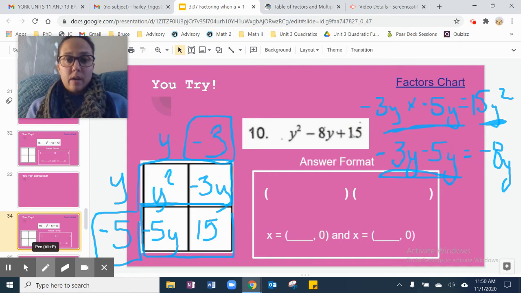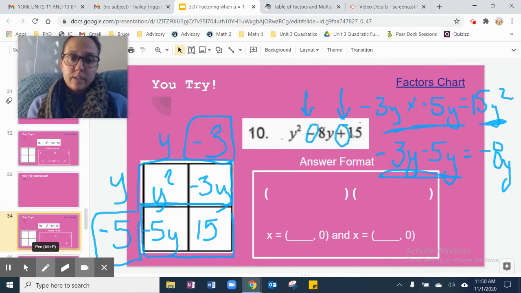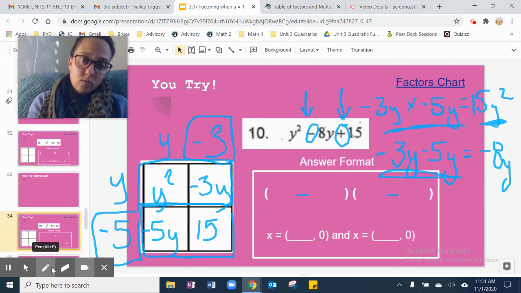Another way of thinking about that, or memorizing it, I should say, is whenever you have a minus and then a plus, it's always going to be a negative factored form. It's just what it is. Now, if you want to see why, we can FOIL, and I can show you why.